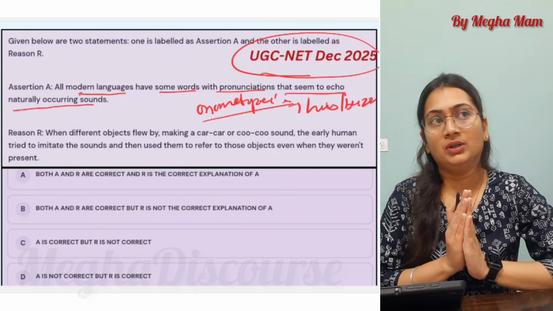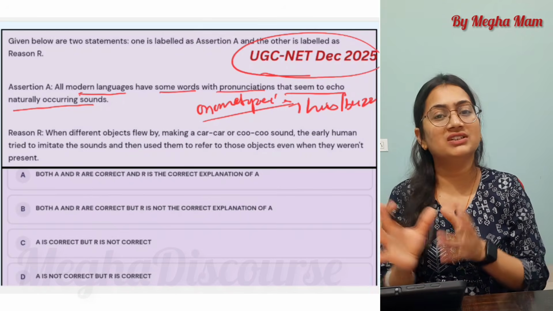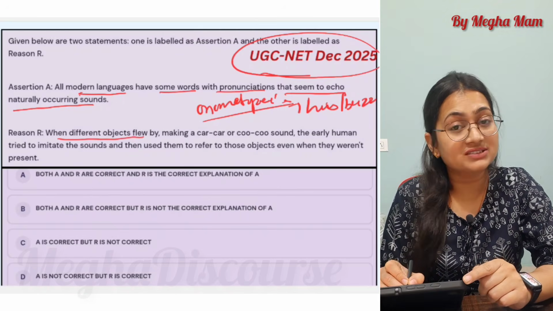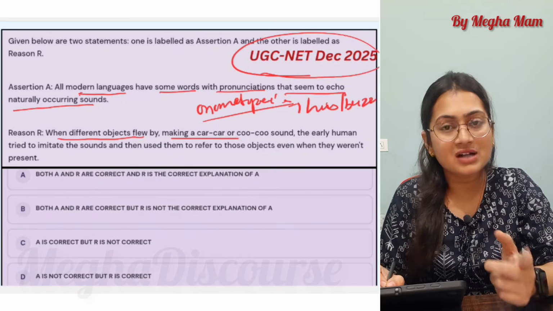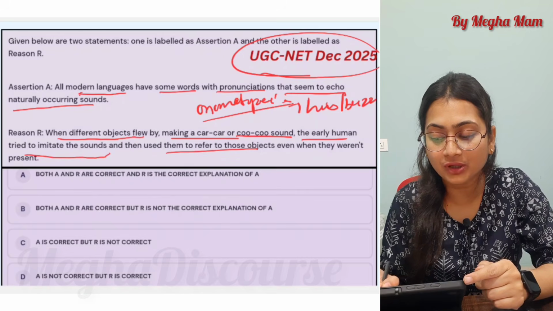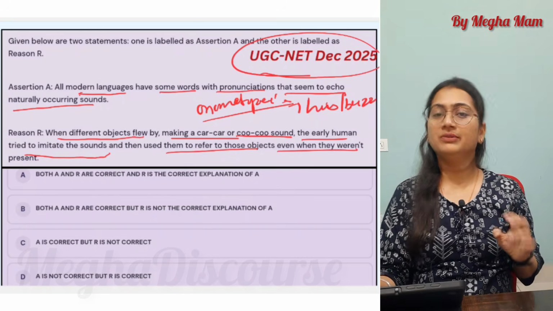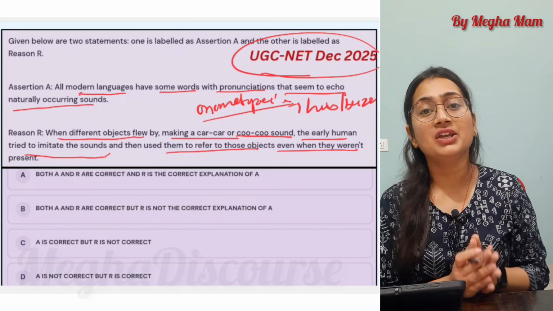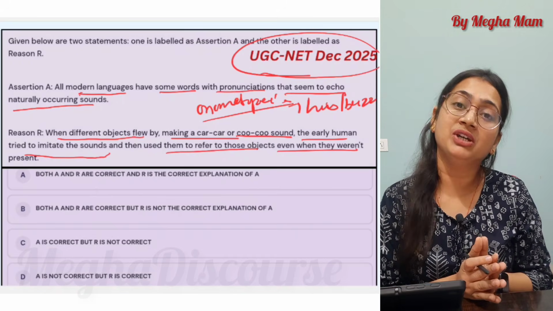First, before language evolution, we have these sounds. Now what is the reason? When different objects flew by making a kaka or cuckoo sound, early humans tried to imitate the sound and then used them to refer to the object when it was not present. Yes, before language development, our ancestors used sounds imitated from nature.